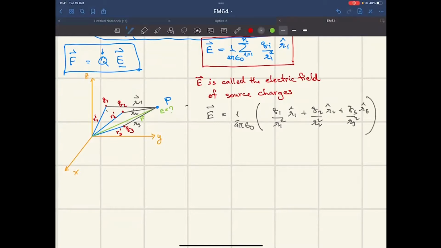From this figure, we can find the E field really easily because it's all point sources. Any questions? So this is a discrete source. It's like a point, there are no physical dimensions to it.